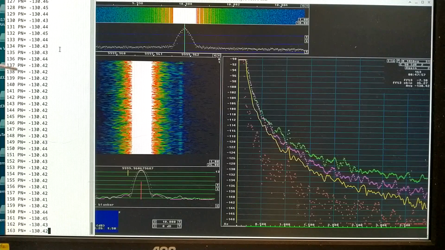Then it converges to 130 point, I would say 43 or something like that.